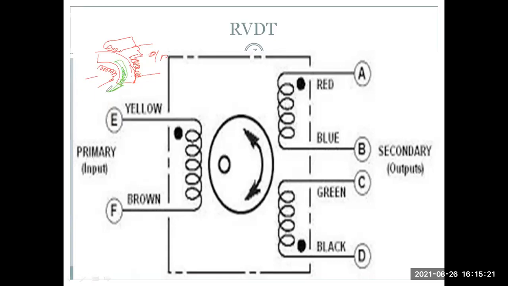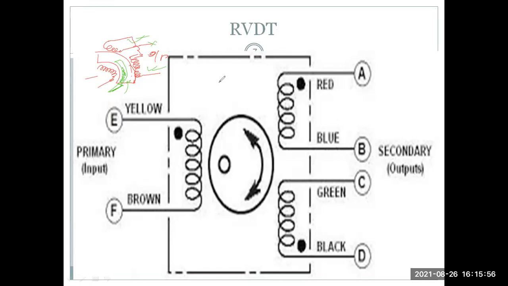So this is the angular movement. If it is going inward, then it will get the secondary, but it will not get the primary. If it is coming outside, then it will get the primary, not the secondary. In this way, we can measure the angular displacement, and this is called the rotary variable differential transformer.